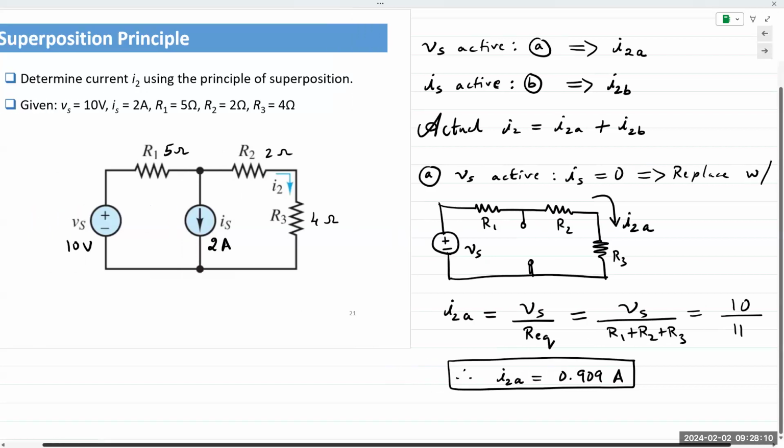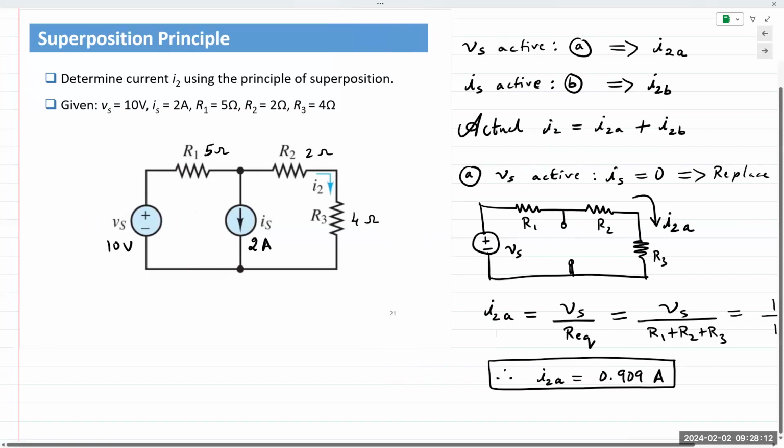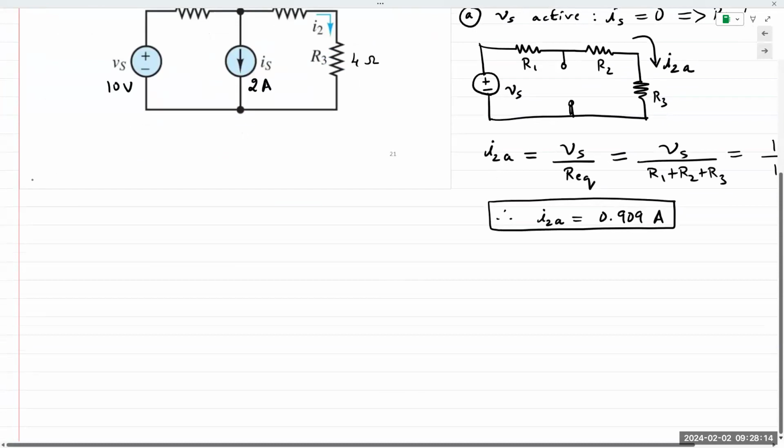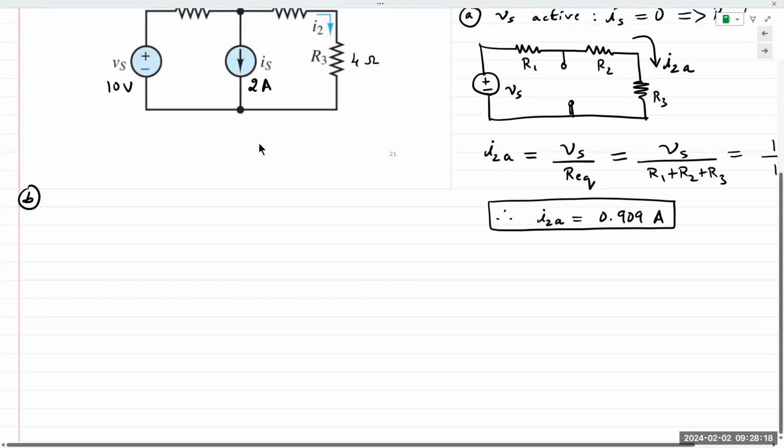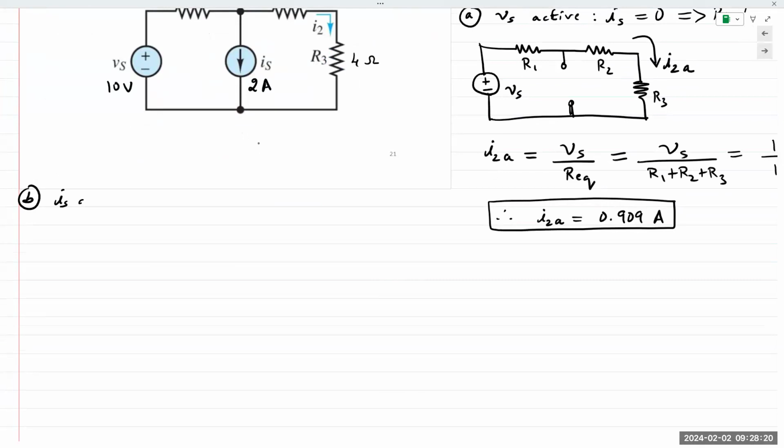All right, then let's come over to the left here and analyze the circuit for the current source. So circuit B, IS is active. That means I reduce Vs to 0, which means replace Vs with a short circuit.